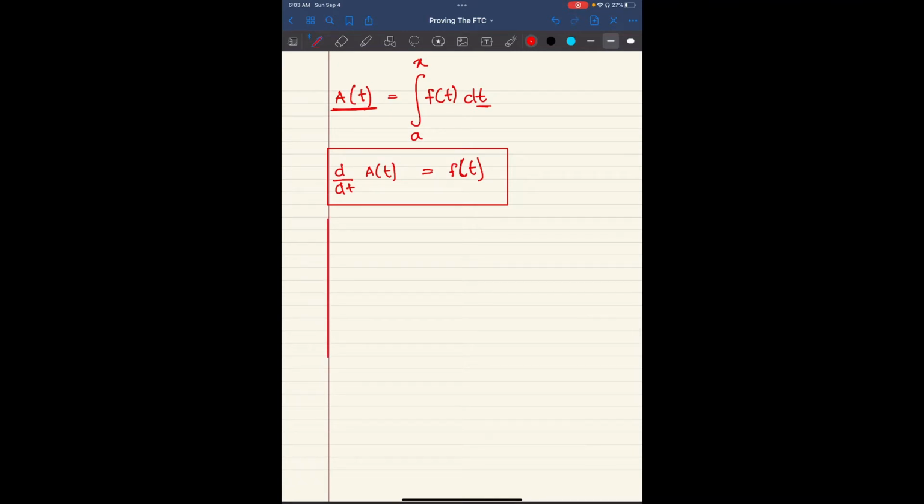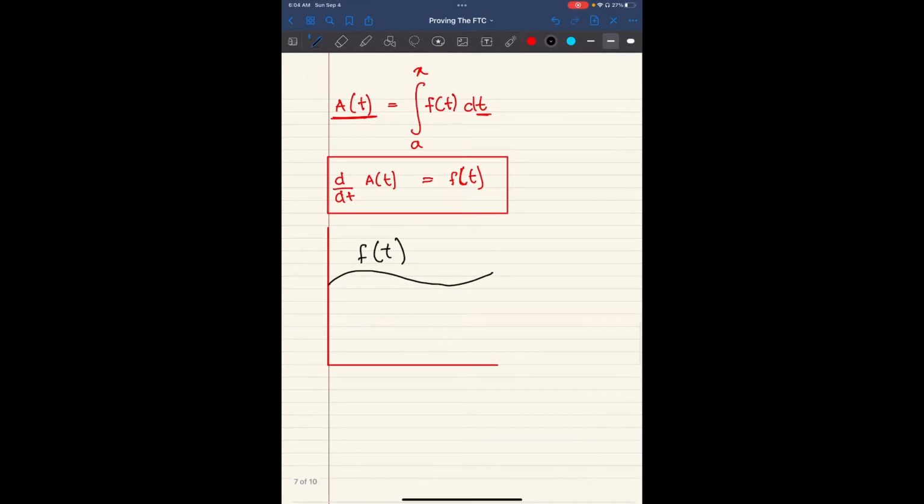So let's say you have the function f of t over here. Just hold that thought for a second. This is the function f of t. To prove this statement, we have to go back to the definition of a derivative.